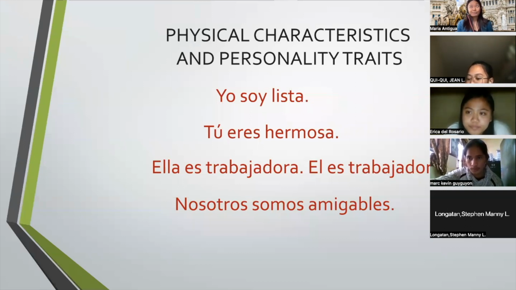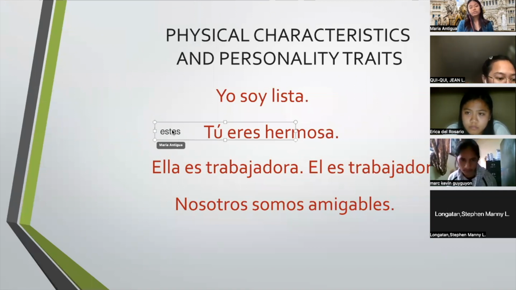Second, parang rude naman yata if you use estar, no? Ano ba ang estás, 'di ba? Como estás? Ano ba ang second person ng estar? Estás. Yan yung second person ng estar. And then you want to say estás hermosa. You want to say you are beautiful.